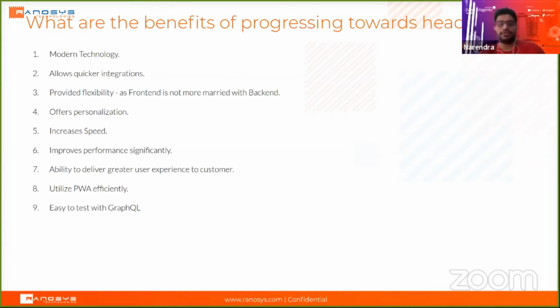You are already doing various API calling if you're using headless. So integration becomes easier, and it completely comes in your hand how you are going to integrate. Then it offers flexibility, because front end and back end are completely separated. It offers personalization. You can give touch to your front end and back end as per your need.